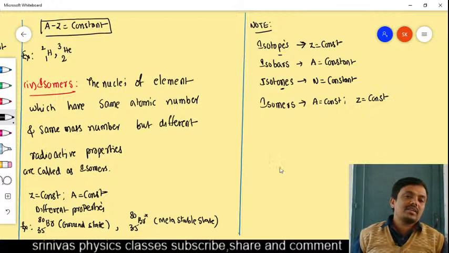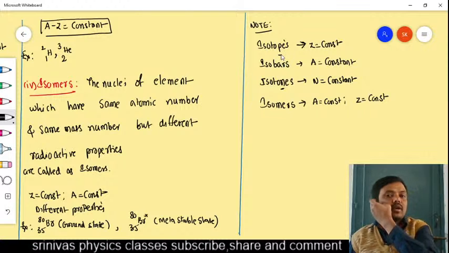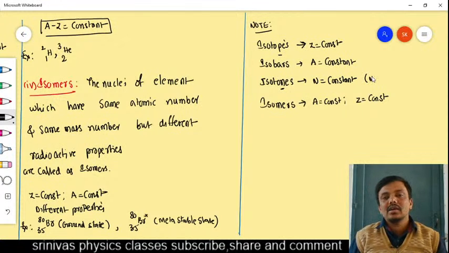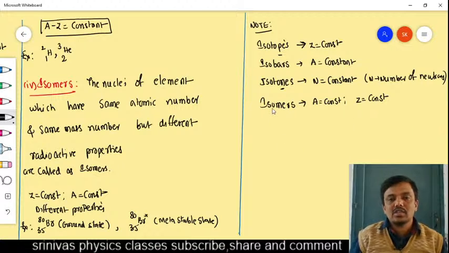This is simplified, easy to remember. Isotopes means atomic number, protons constant. Isobars means mass number constant. Isotones means number of neutrons constant, where N is the number of neutrons, and that remains constant. And the next, isomers means mass number and atomic number both are constant, but they have different properties.